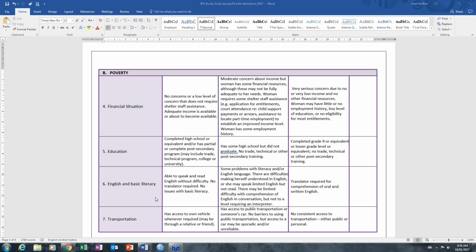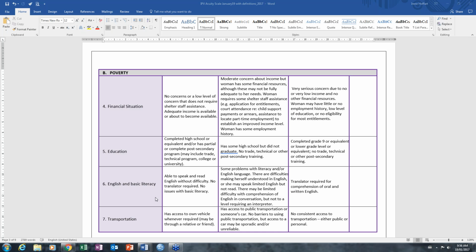But for some women, that might be okay because she has some additional supports in place. So it's really about her assessment of how much her financial situation is a concern, rather than what the sources of income are and how much money she's making.